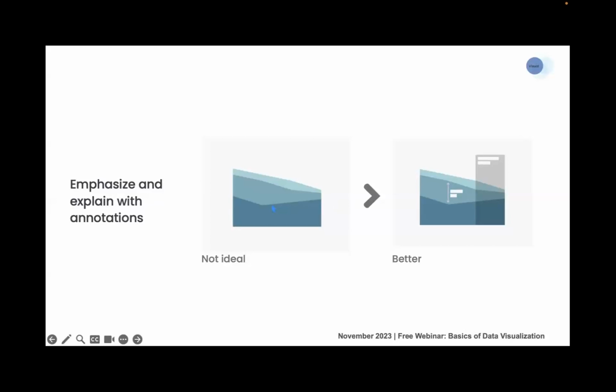But there's one more step I would encourage you to take. So here's a chart like this. It's really good to put in annotation. It could be a shade or a text. Just because Microsoft Excel or other visualization tools such as Tableau or maybe Domo, maybe other things you use, I want you to think about adding annotations here.